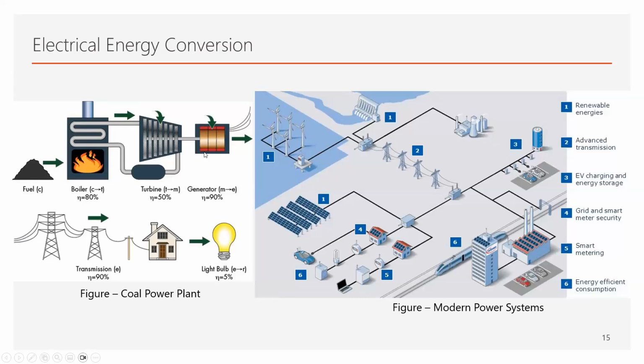It is coupled with this generator. So if the turbine rotates, one part of this generator, called the rotor, also rotates, and then we get electricity on the other side. So this is a generator, which is an electric device. So this is used as an energy conversion element.